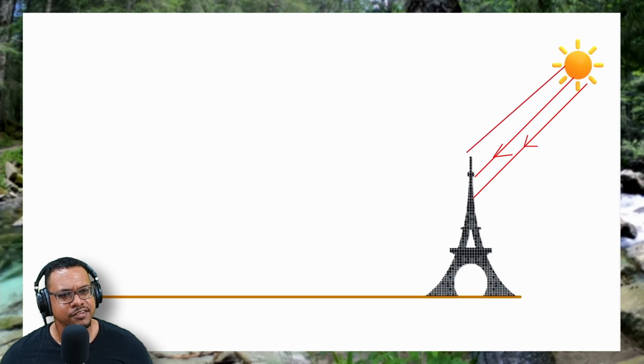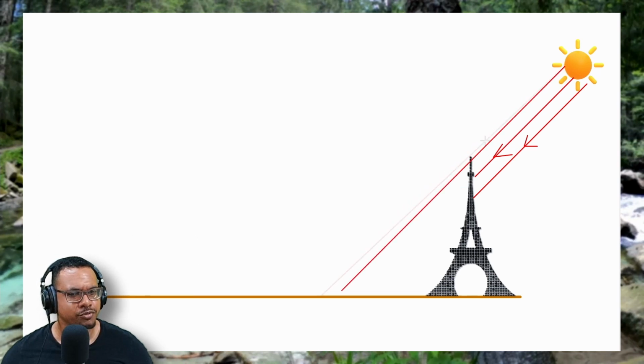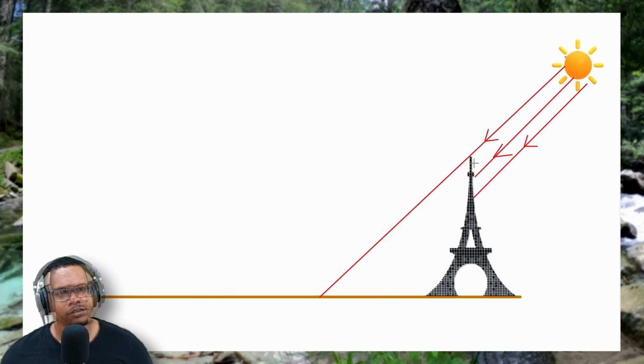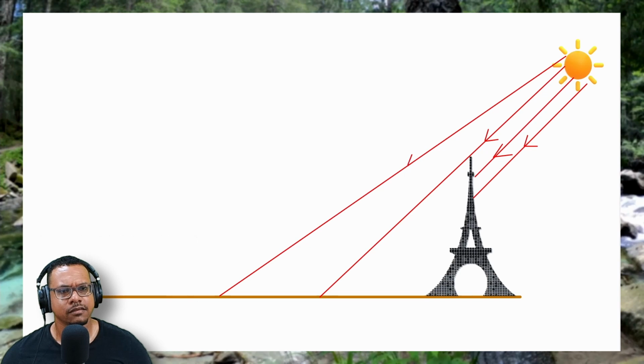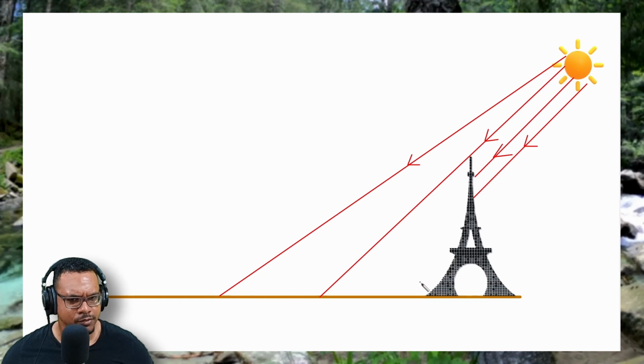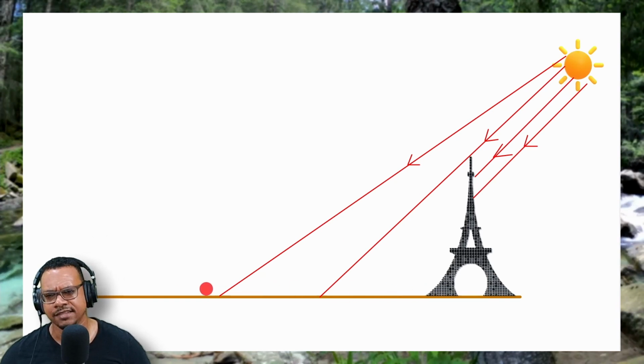But then you're going to get this first ray of light that just passes the top of the building and makes it through. So now the other rays of light that make it through, we're going to have light on the surface. So for all the rays of light that were blocked by the building, within here we're going to have a shadow, and then out here we're going to have light.